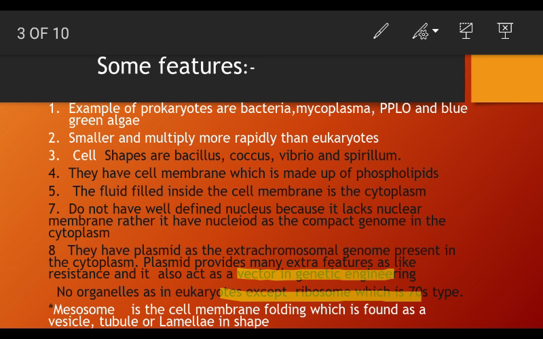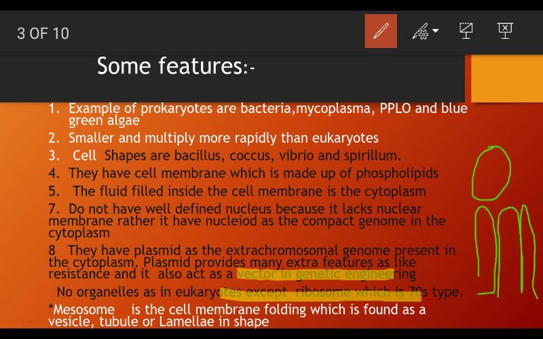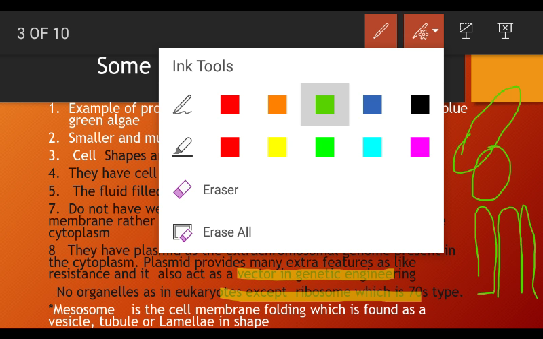A vesicle is circular like this, lamellae are like a finger, or tubular, like this. So in this shape you can get mesosomes in the bacterial cell, right?